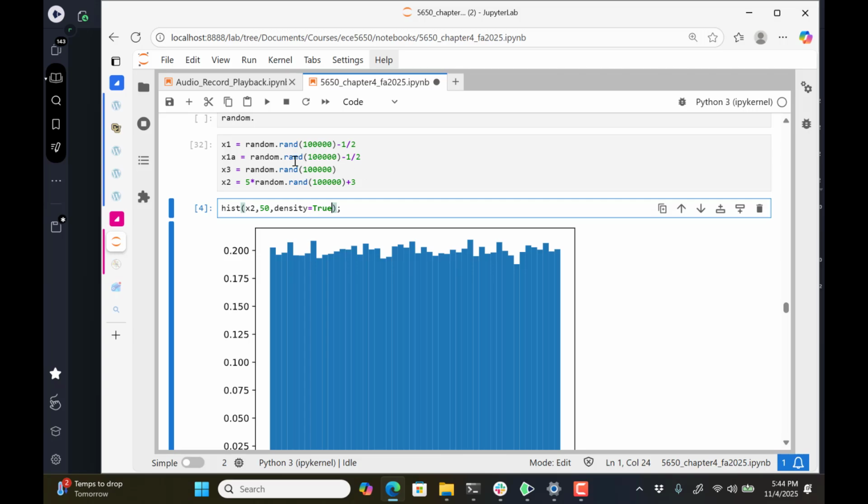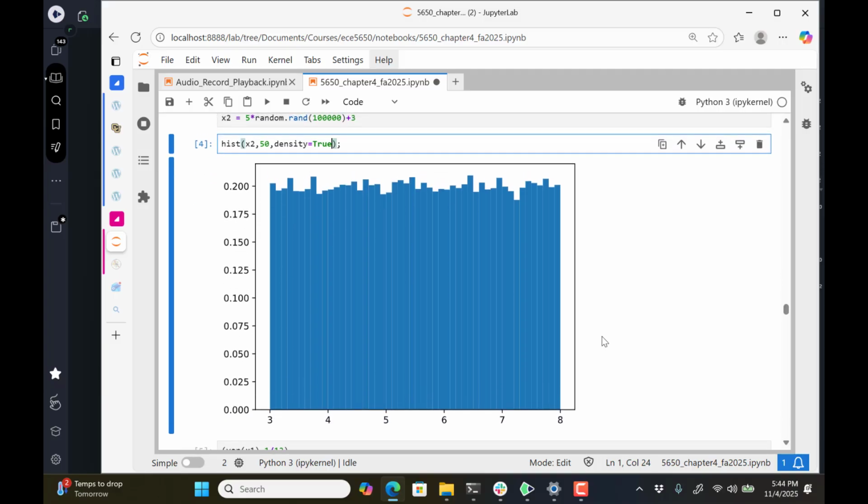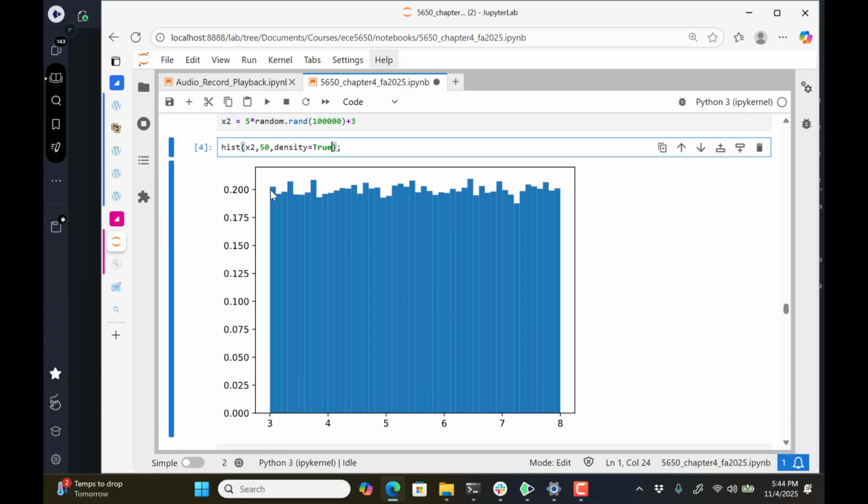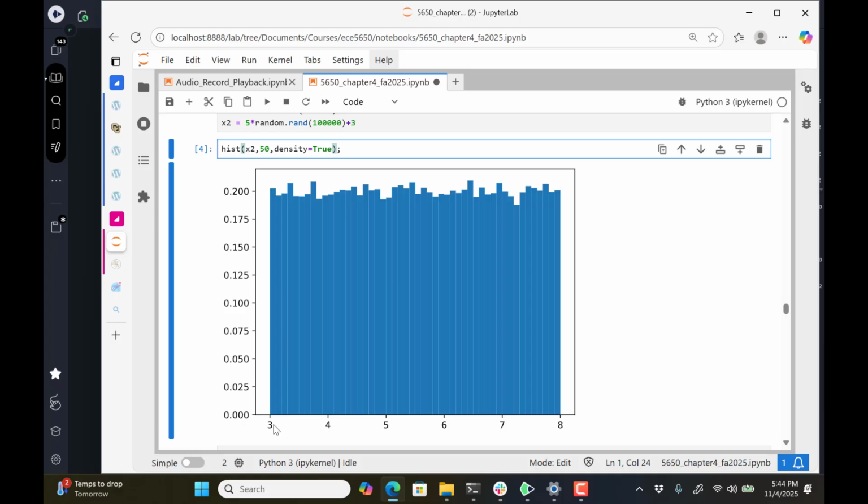When I do the hist on x2 and say density equals true, I'm getting 0.2, and what's going on there is if I take the density height of 0.2 times the width here, which goes from 3 to 8, that should be 1. 8 minus 3 is 5 times 0.2 is 1.